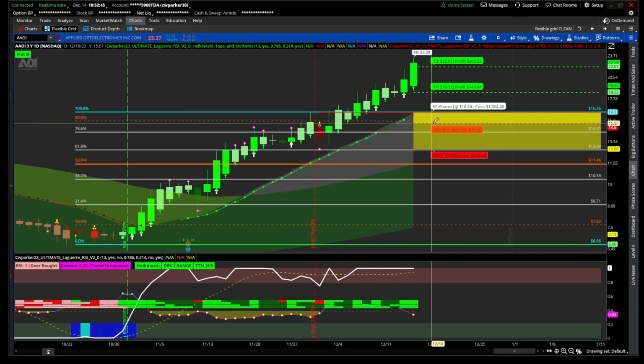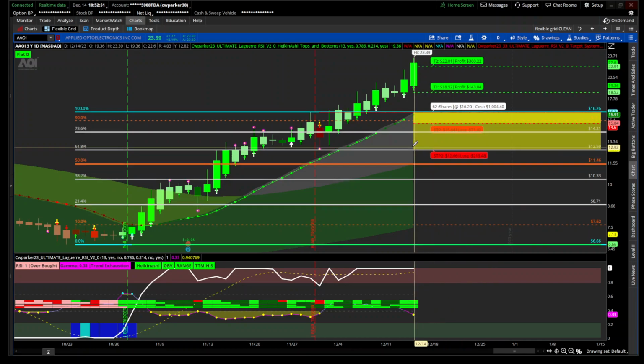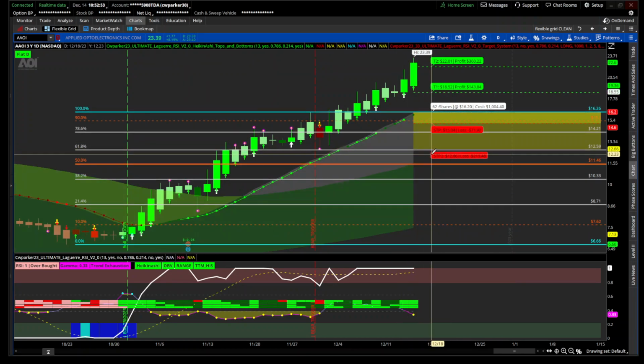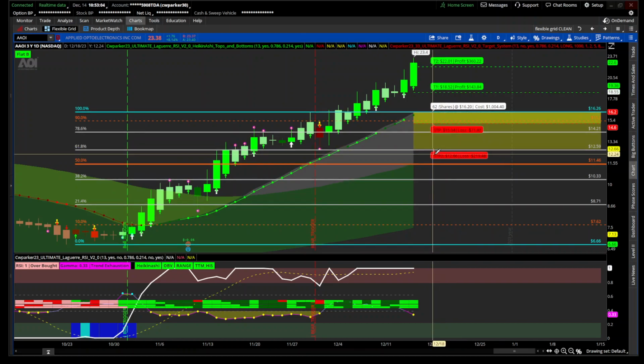And your first stop loss right now is 1 times ATR. And then here represents the bottom of the channel. So this is going to be an adaptive moving stop level. As the price channel increases and goes up, this would go up as well.